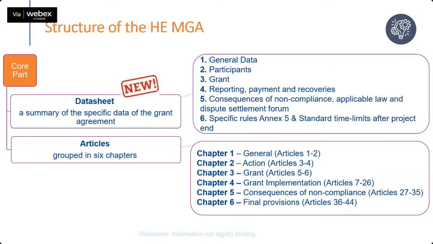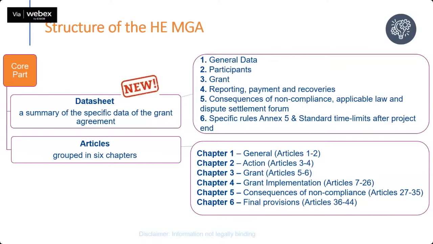More on the structure of the MGA: one of the novelties, compared with Horizon 2020, is the so-called data sheet. This is a summary of the specific data of your grant agreement. It's a part that you will find at the beginning of your grant, and it has all the really key important information for us, like the names of the participants, the grant amount, and also your reporting and payments modality, etc. It's a very good summary.